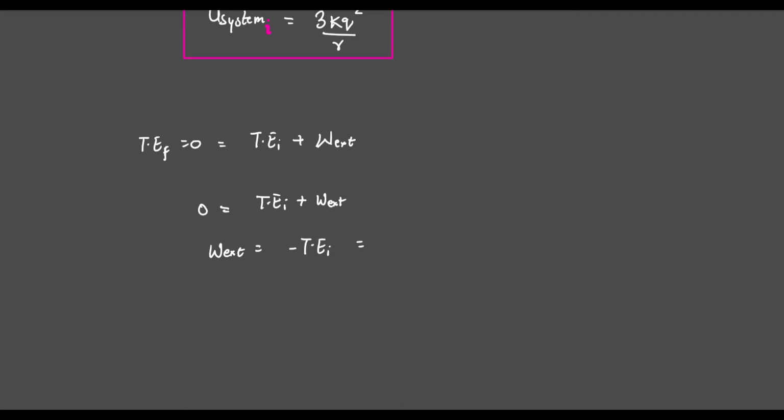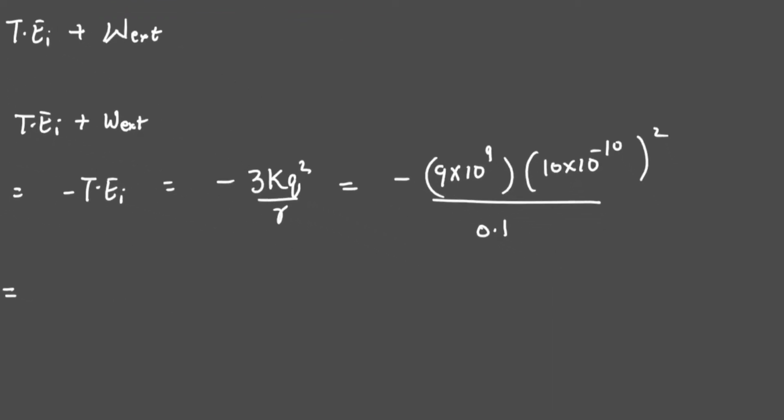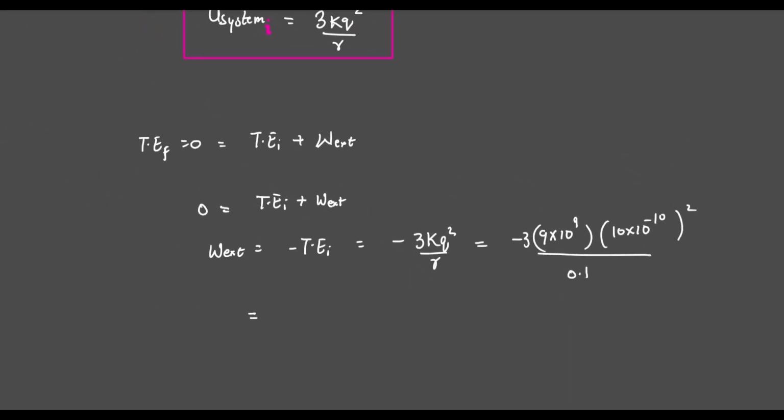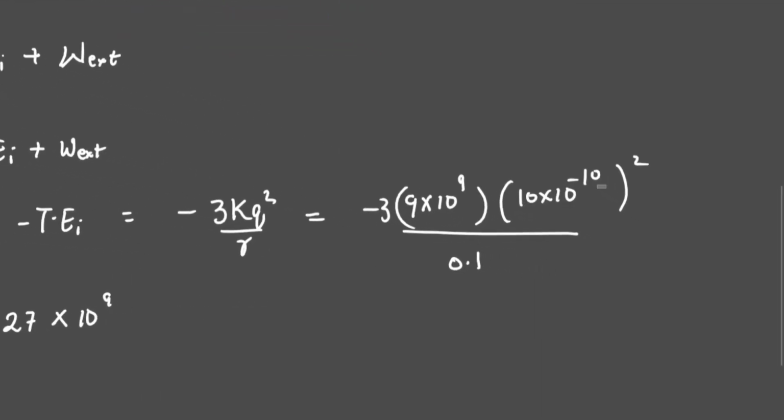And what is TE initial? TE initial is minus 3 K q square by r. So let us put the values. If you solve, you will get, and 3, sorry, I forgot the 3. So 3 times 9, this will become 27, and 10 to the power 9 plus, sorry, inside it is going to become, one second, this should be minus 6.